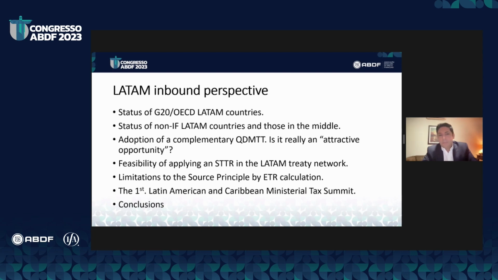So regarding the subject-to-tax rule, I think Latin countries are going to implement the STTR in October 2023, or bilaterally, maybe amending the tax treaties to include this clause.